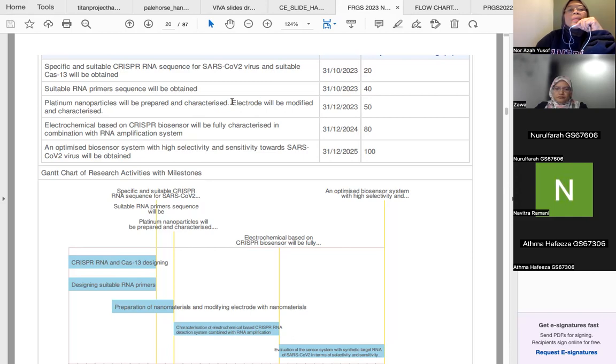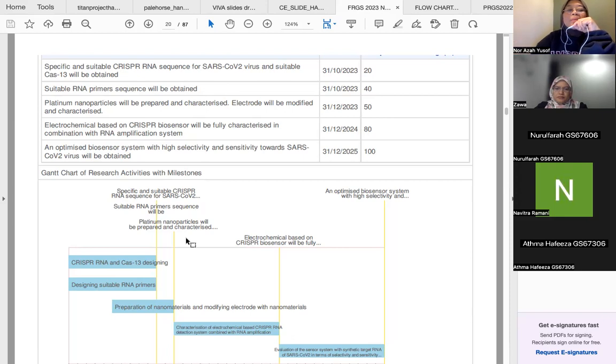And then the second milestone is to get a good design of the RNA primers for the amplification purpose. So you can see in my Gantt chart, it does not necessarily go one after another.